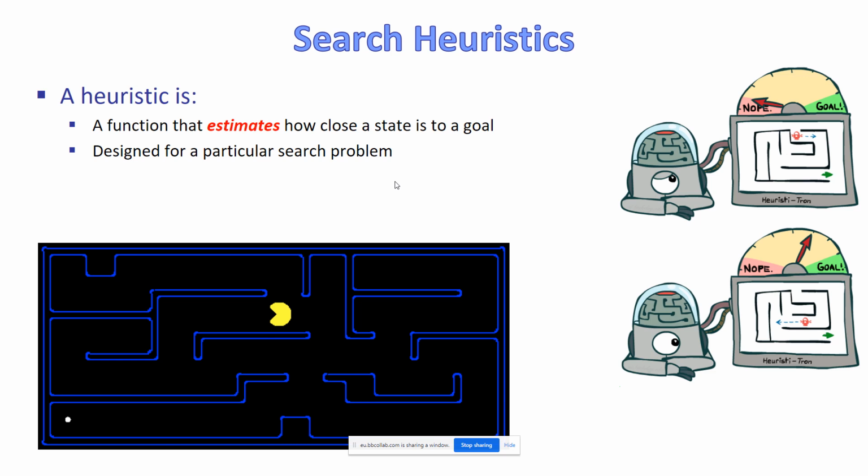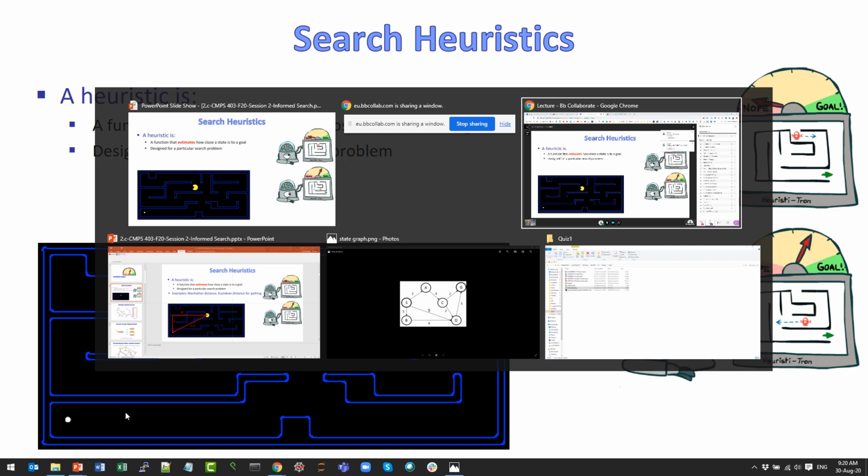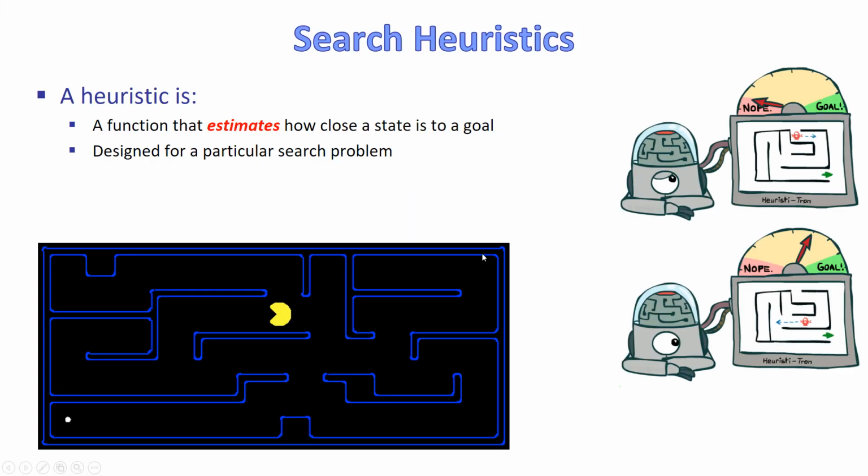Last time we saw two examples, and we started the third. The first example was the pathing problem, where I want to go from this state to that state, and we mentioned two heuristic functions. The first one was the Manhattan distance, which is the distance in x dimension plus distance in y dimension.